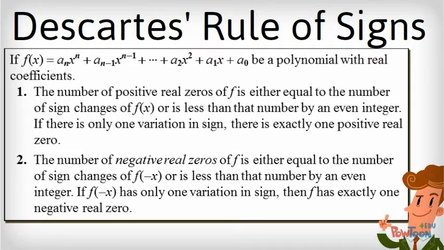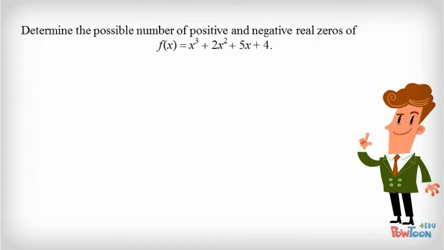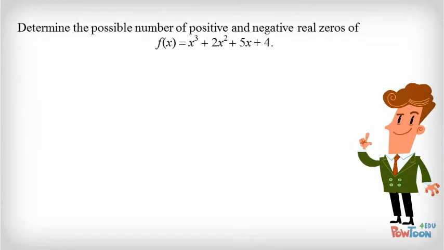It's actually pretty simple. You look at f of x, the number of sign changes, and f of negative x, the number of sign changes. So here's an example. How many possible positive and how many possible negative zeros are there for this function? Well, first count the sign changes.